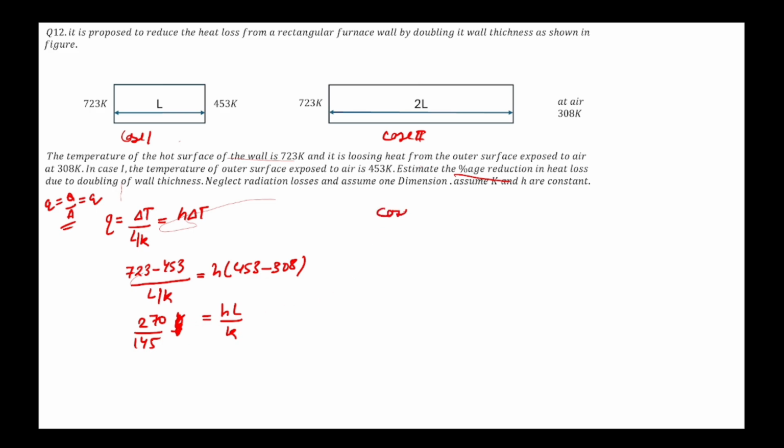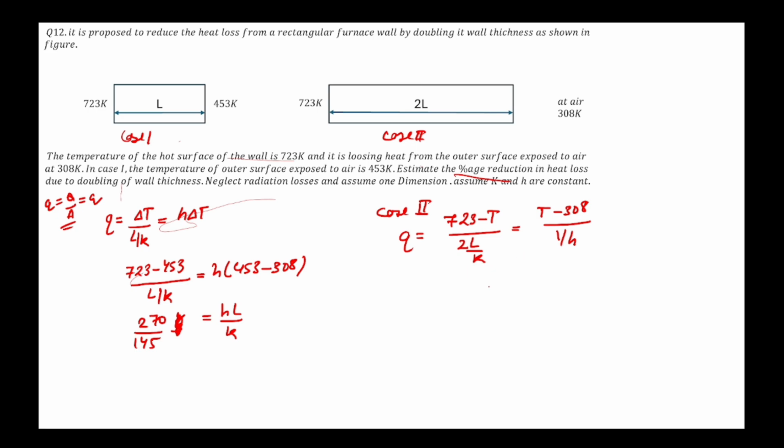Case second. Q is equal to 723 minus T upon 2L by K, equal to T minus 308 upon 1 by h, or h delta T, same.